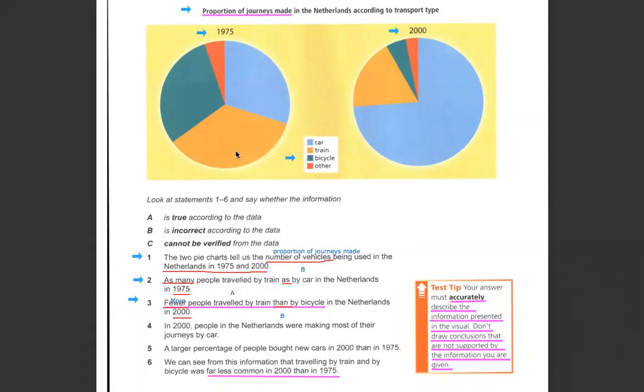All right, next one, number 4. So now we look at the word most in order to compare. And you're looking at car, which is the blue.